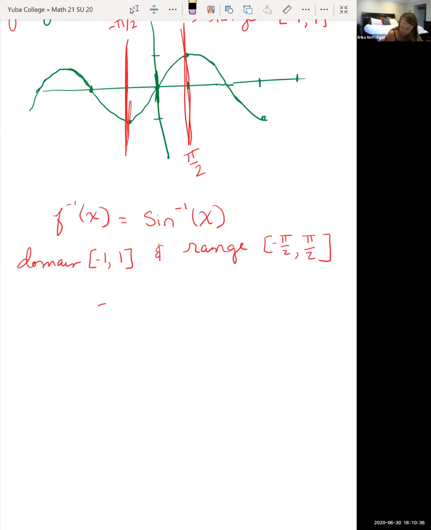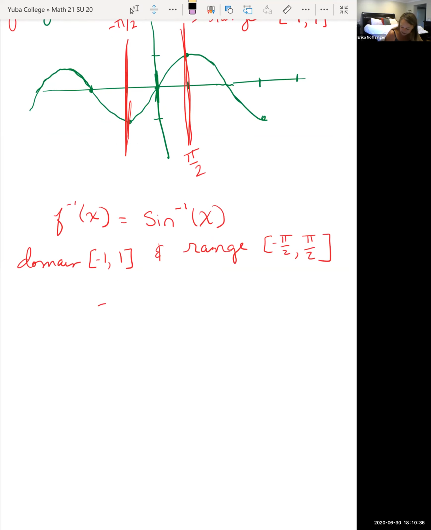Where if this had said, find sine inverse of negative root 2 over 2, well, it has to be giving me a negative number, and it has to be between negative pi halves and pi halves. So I'm thinking in the unit circle, that's quadrant 4 and quadrant 1. And I have to think about when sine is negative.